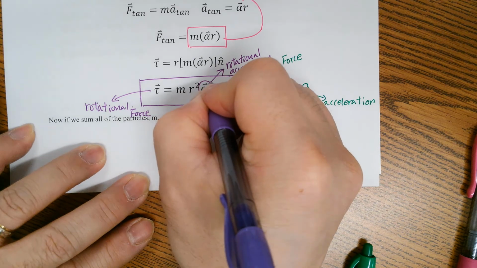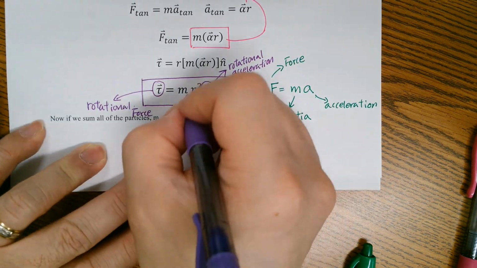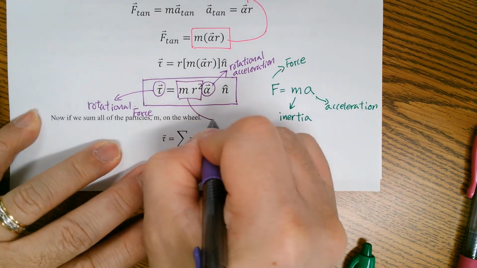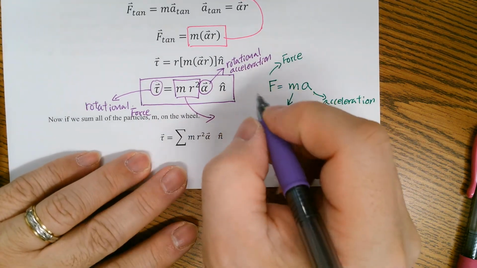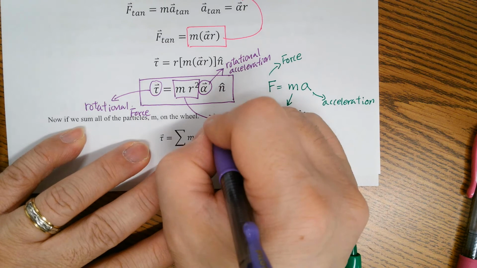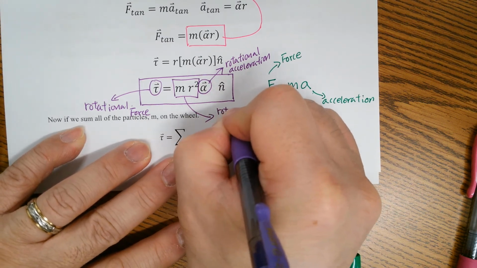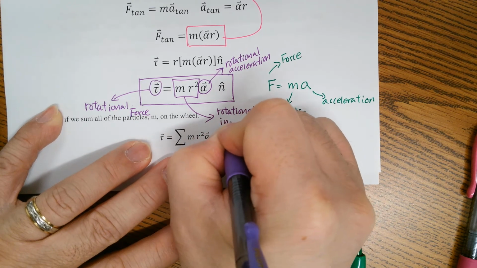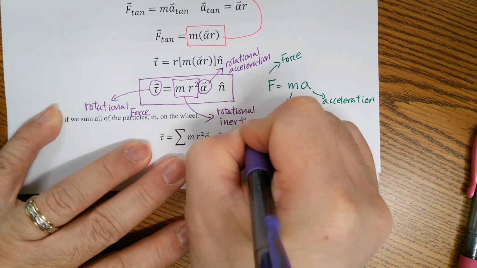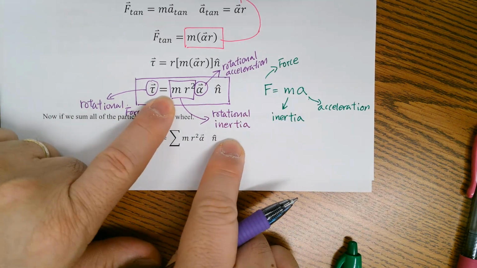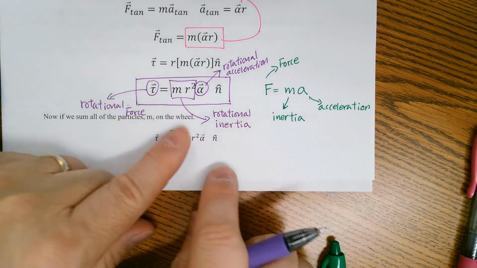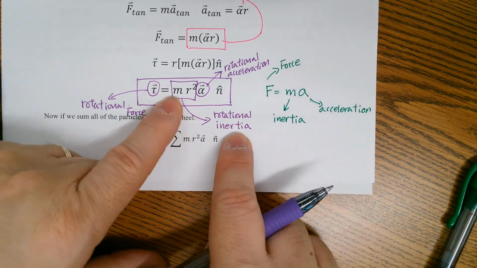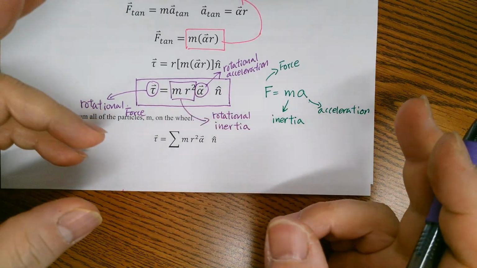Then this M R squared acts as rotational inertia, like rotational mass, even though the mass times R squared is happening under it. So this is going to behave as rotational inertia.